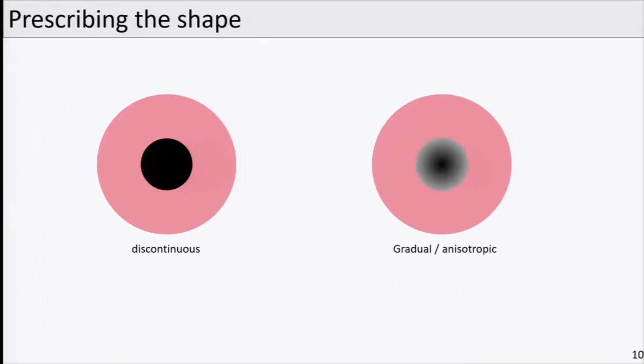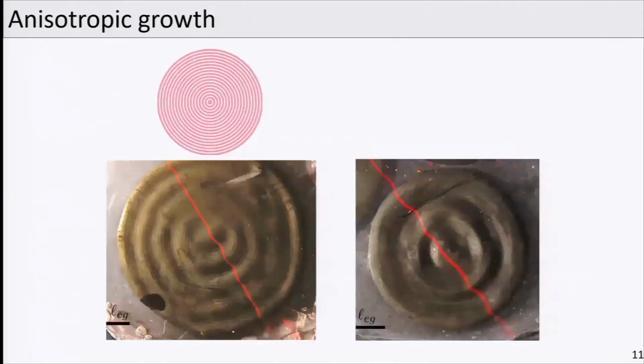So playing with the thickness was the easiest way for us at the moment. I won't go into the details of what we did there, but I will simply show what happens for an anisotropic growth. So this is the pink stuff. The pink circles are slightly thicker than the remainder of the membrane, right?